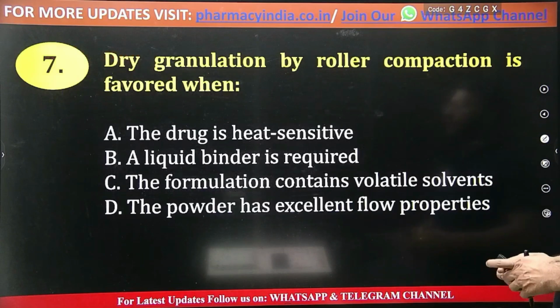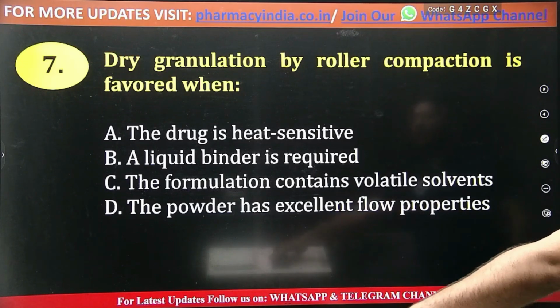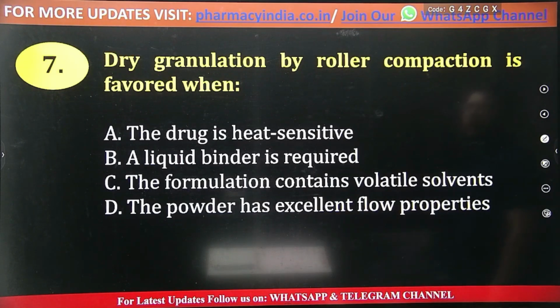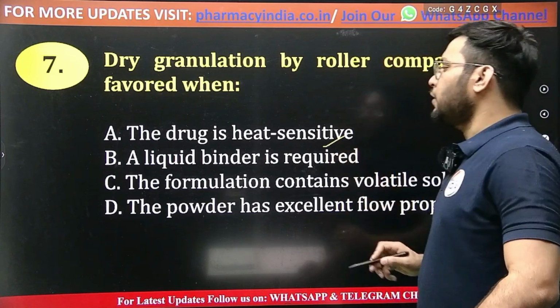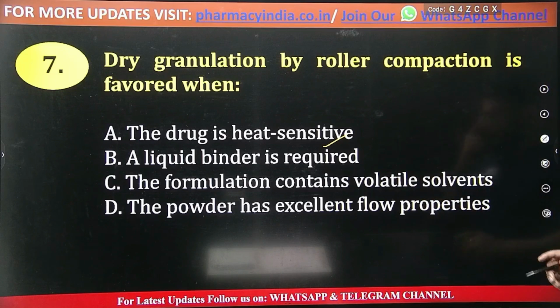Now moving on to the next question: dry granulation by roller compaction is favored when the drug is heat sensitive, a liquid binder is required, the formulation contains volatile solvents, or the powder has excellent flow property. Which is the correct answer? That the drug is heat sensitive.